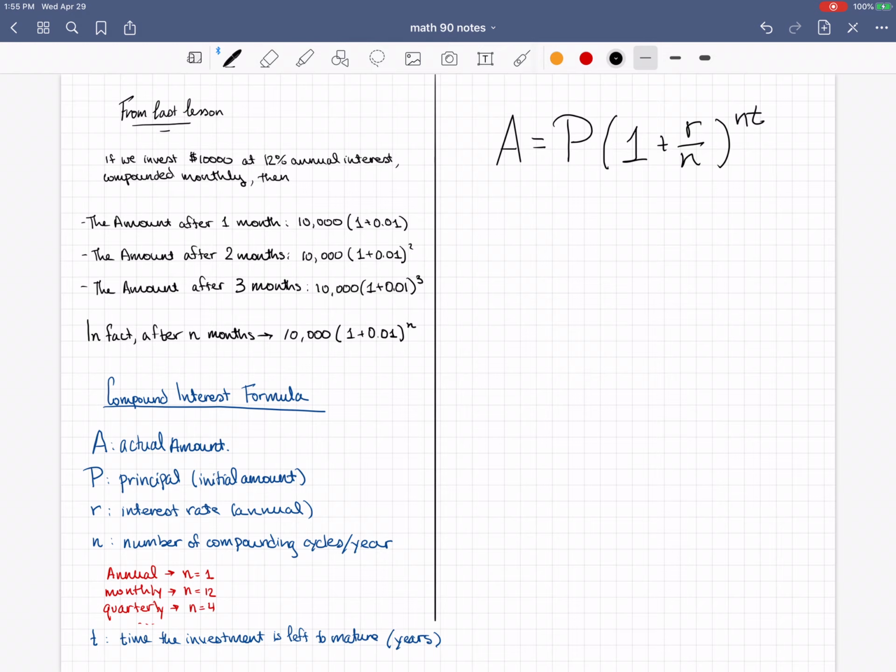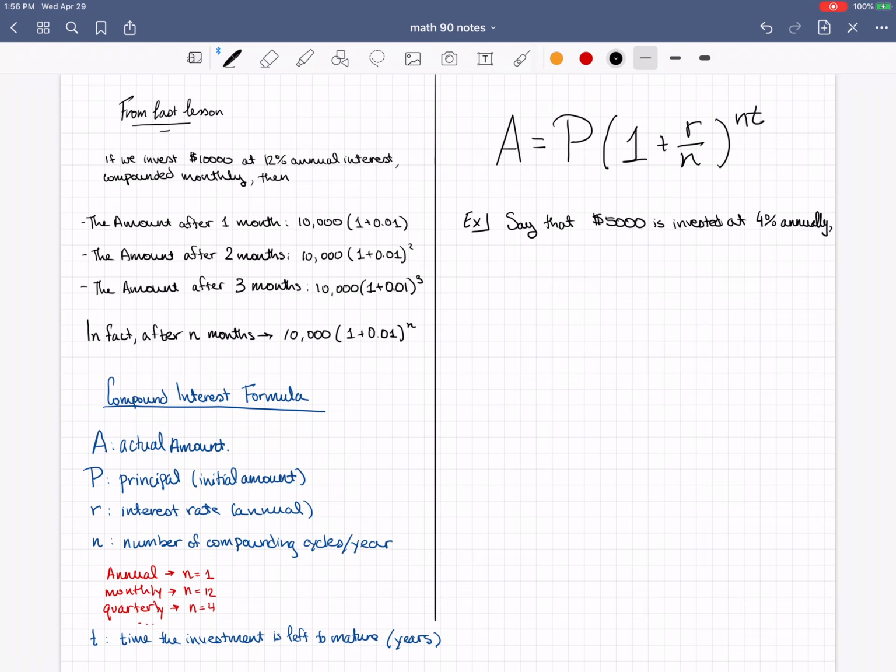Okay, so we're going to have a whole lesson just on examples, but I wanted to do one token example so that we had a little bit of exposure working with this formula. So, example, say that $5,000 is invested at, let's say, 4% annually.